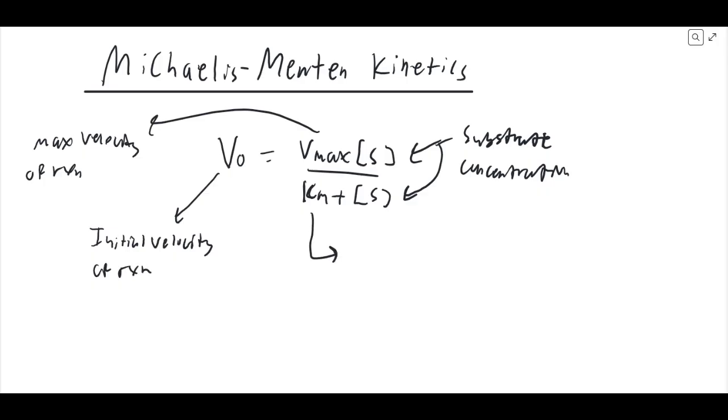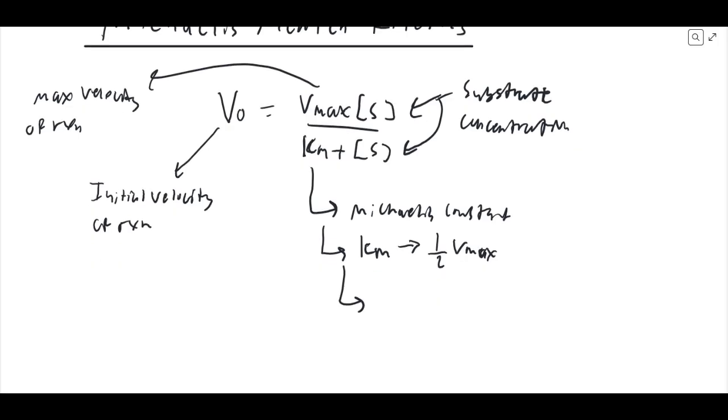And Km is just another way of saying the Michaelis constant. And typically at Km, we reach a velocity that's 1/2 of the maximum. And so basically this is just another way of how we measure the substrate's affinity.